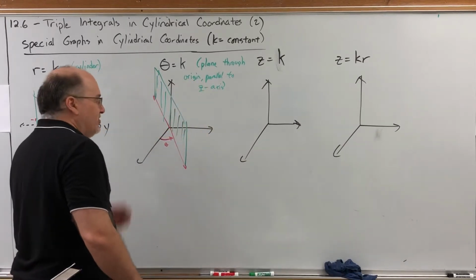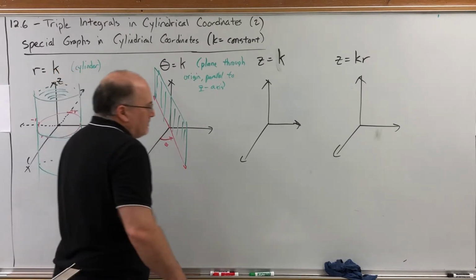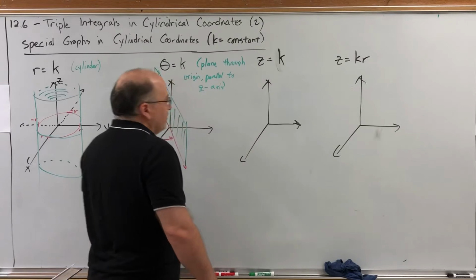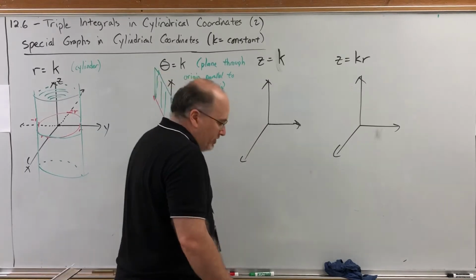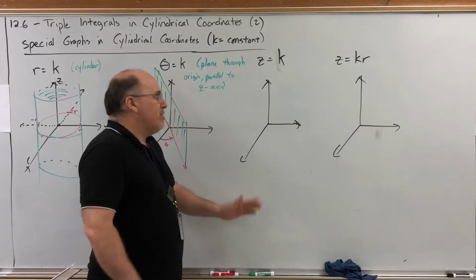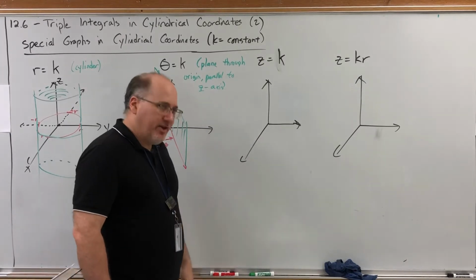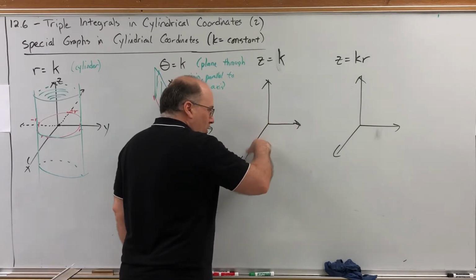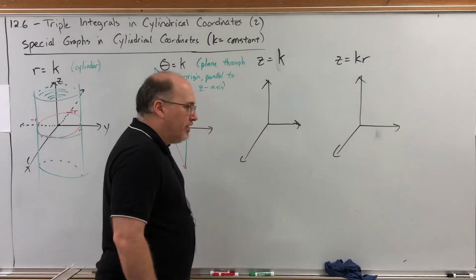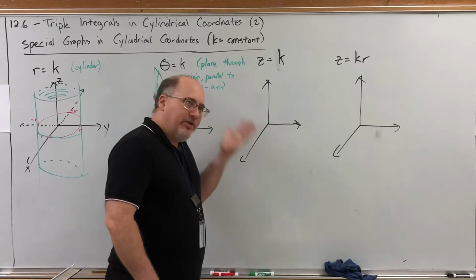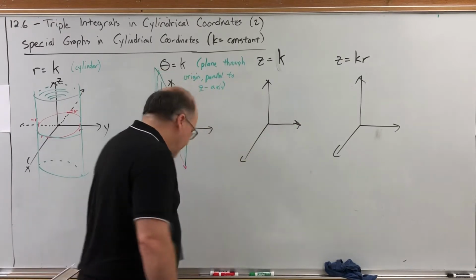So what is the graph of z equals k? Well, this one's pretty easy because it's the same thing as if it were in rectangular coordinates. The equation z equals k says nothing about the r and nothing about the theta. So that means in the xy plane, I can rotate as much as I want and go whatever radius I want. So in other words, I can go anywhere in the xy plane I want. But when I'm done doing that, I need to go up k.